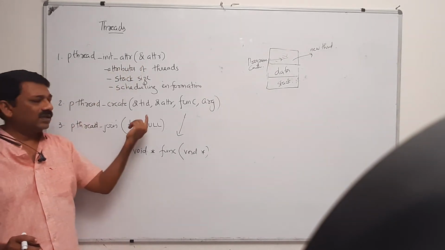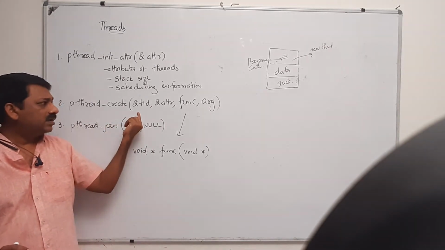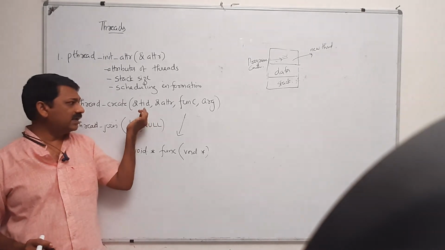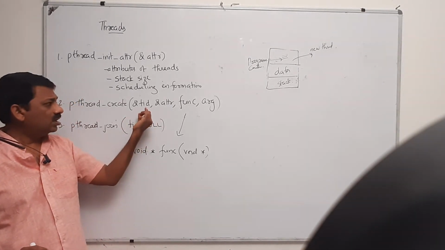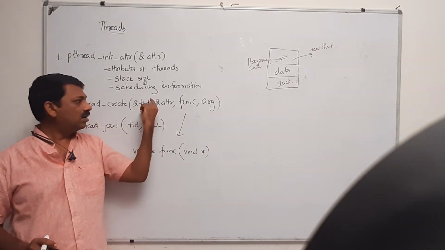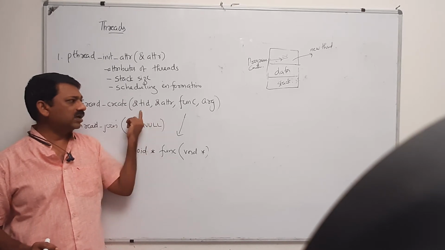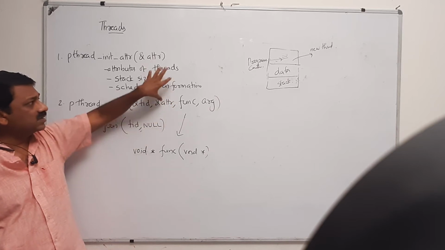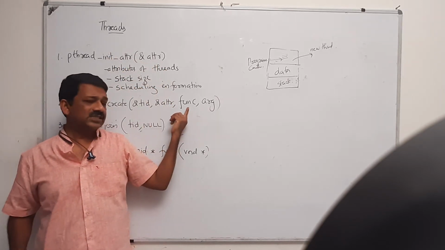Now we can create a thread using pthread_create, and here you have the TID, that means the ID returned. This is the thread descriptor, pointing to the thread, and these are the attributes, the set of attributes, and this is the function.